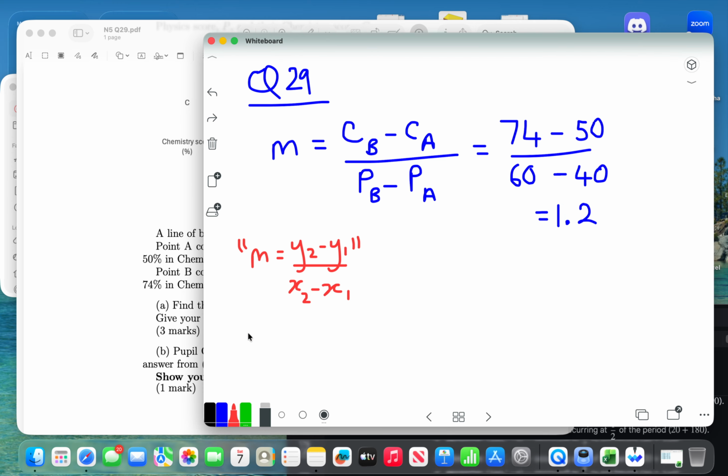We also get the equation y equals mx plus c normally, but we have to modify this. We get c equals mp.